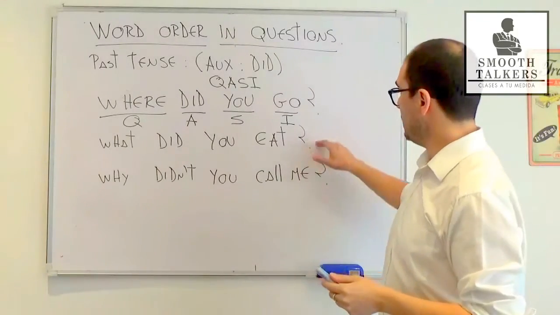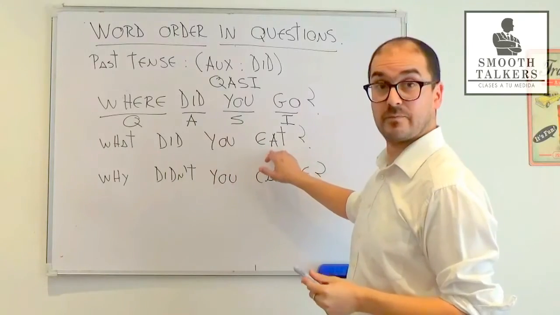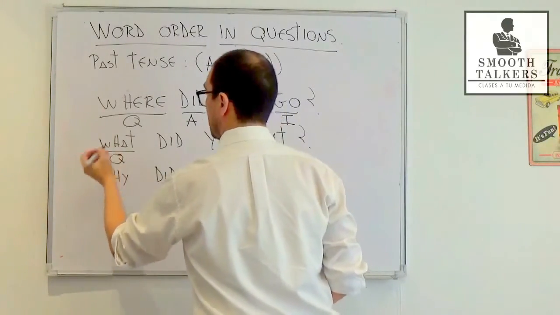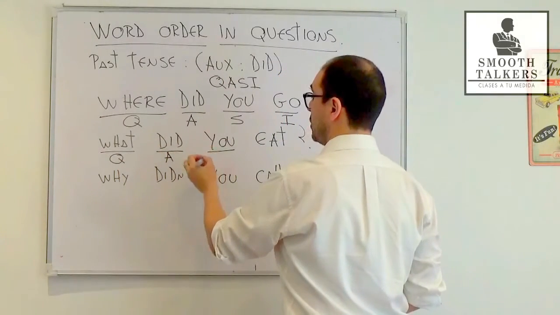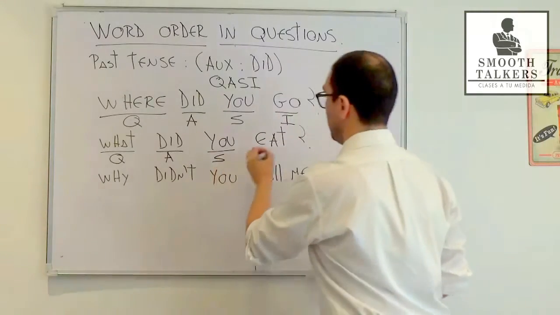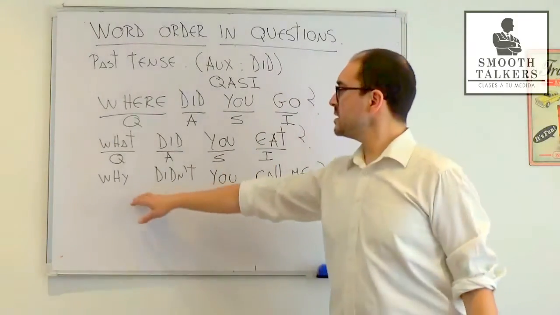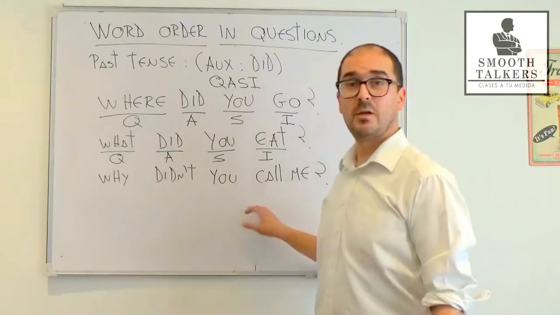Let's do the same with the next two questions. What did you eat? So, what is going to be a question word, did is our auxiliary verb, you is the subject, and eat is the infinitive. And this is a question you're going to face multiple times in your life.